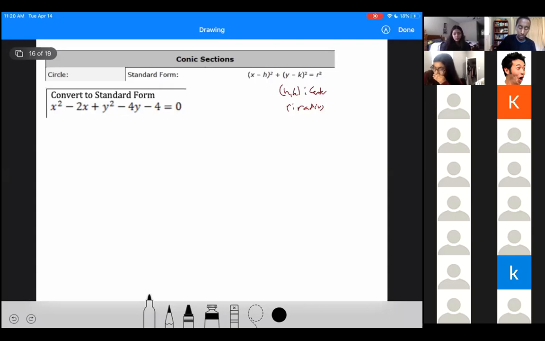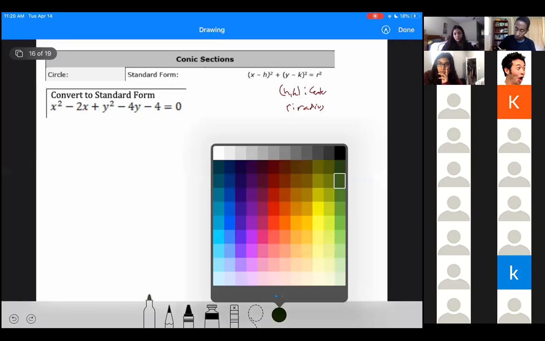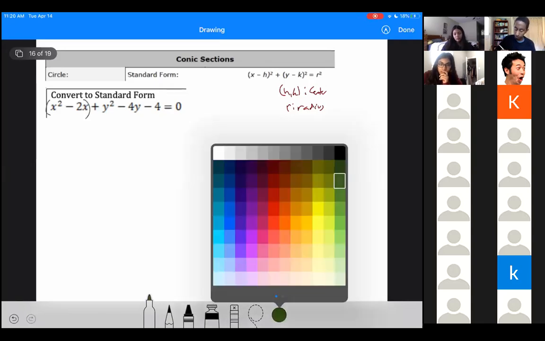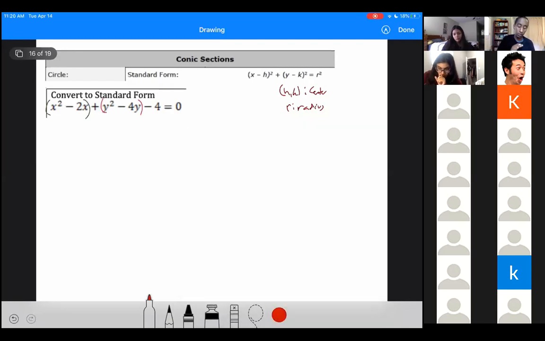So what we need to do is, first we're going to focus on just the x here. I'm going to separate this. So I'm going to put a parentheses over this in green. I'm going to put a parentheses over this in y. And so we're going to complete the square of the x side of the formula, complete the square of the y part of the formula, and then end up making it into 2 perfect squares.